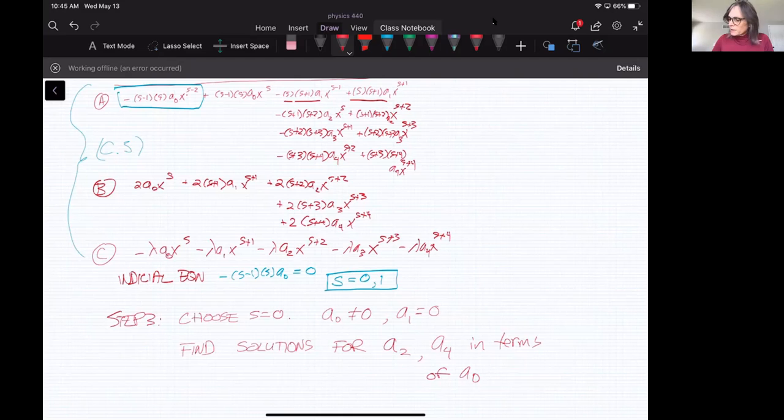These, of course, would keep going. But usually 3 terms is enough to figure out what the recursion relation is. So that's why we're stopping there. And we happen to know, since A1 is equal to 0, that this is going to be an even series. So we need to look at A0, A2, A4, because A1, 3, and 5 are going to be 0.